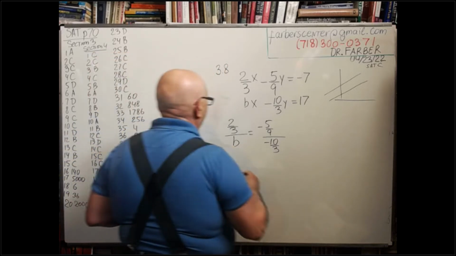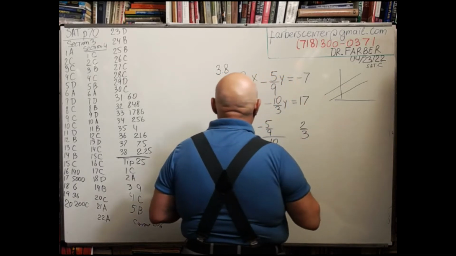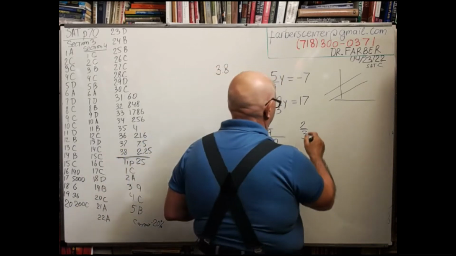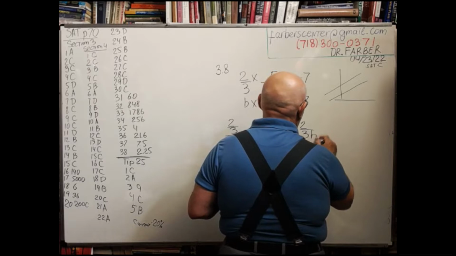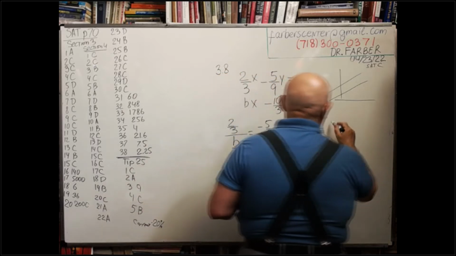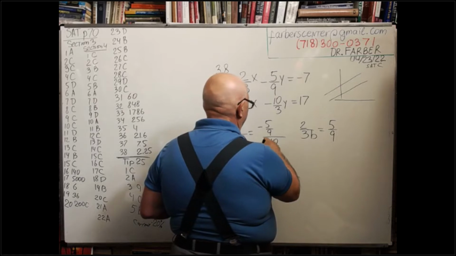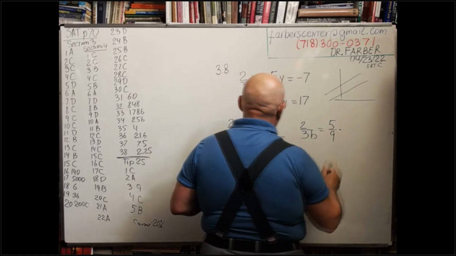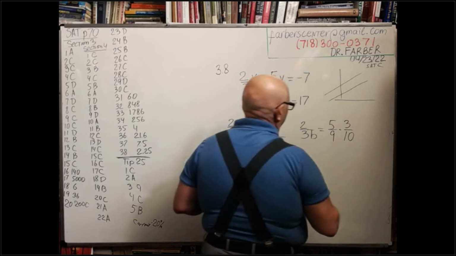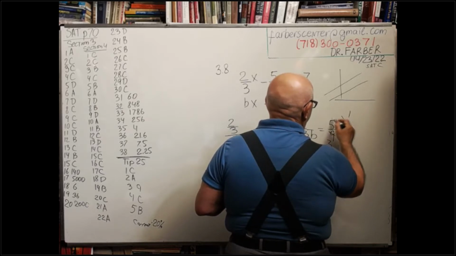It's the same, 2 over 3, and this is b over 1 times 1 over b, it would be b here, equals negative by negative is positive, 5 over 9, keep, change division to multiplication, and multiply by 3 over 10. You can simplify by 3 and by 5.